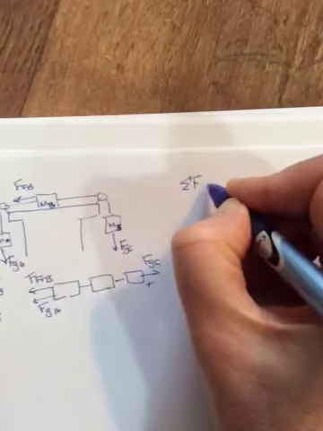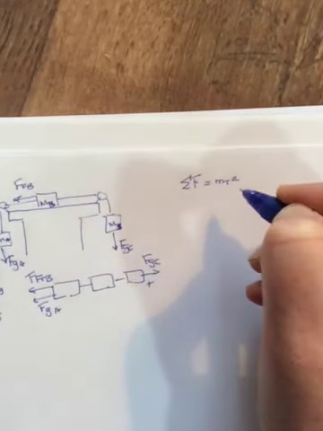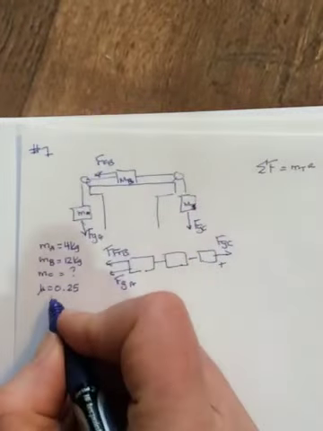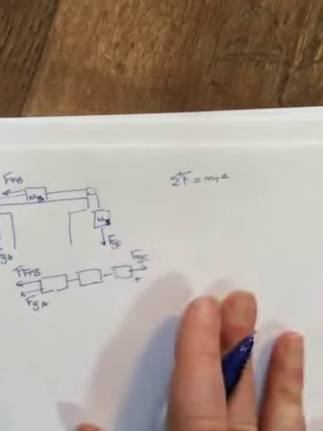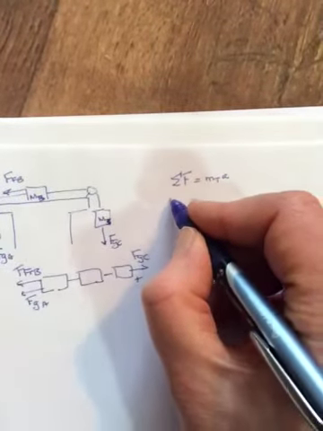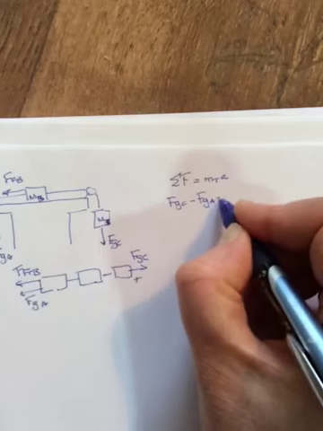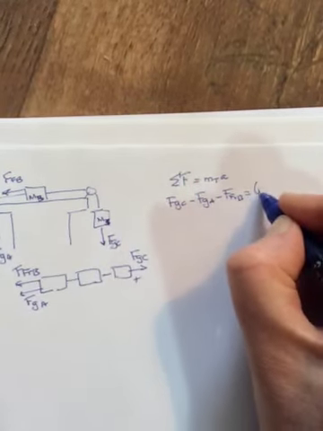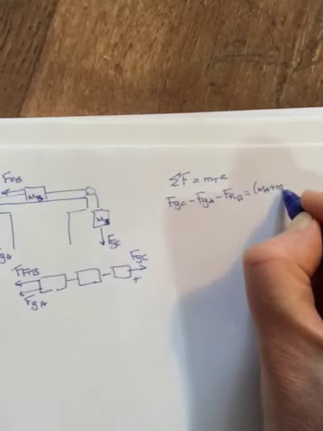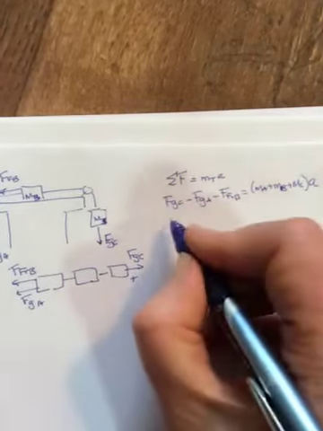Sum of the forces is equal to M total A. It also tells us, I didn't write it down, acceleration is 2 meters per second squared. All right, so FGC minus FGA minus friction on B will equal (MA plus MB plus MC) times A.